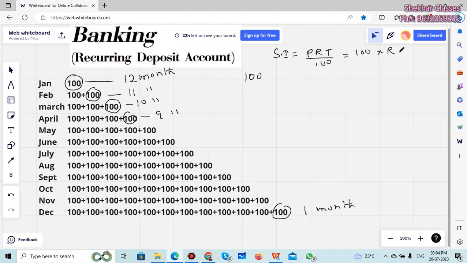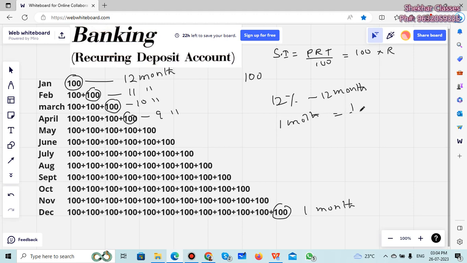So we have to convert that. Okay, the rate of interest will be monthly. For 12% per annum, 12% is for 1 year, meaning 12 months. Then for 1 month, how much will the interest be?